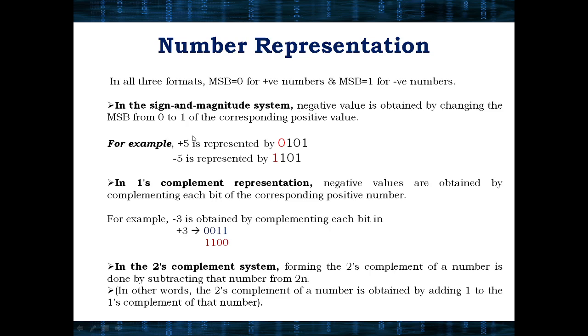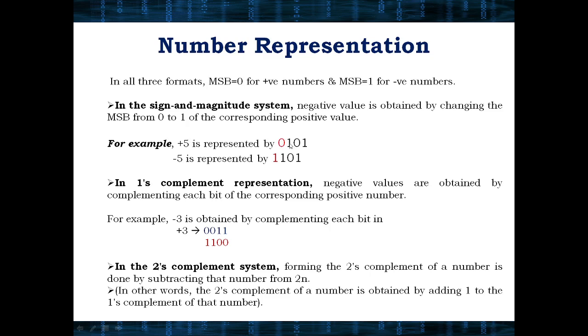For example, we'll take plus 5. Plus 5 is represented by 0, 1, 0, 1, the binary value of decimal 5. Here the MSB is 0, which means it is a positive 5.